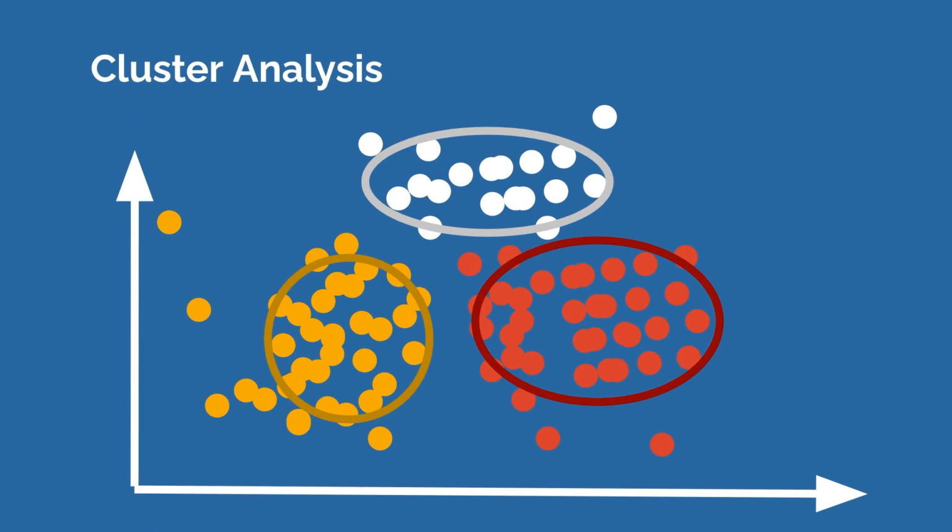Now, the second part of unsupervised learning is known as cluster analysis. This is related to principal component analysis, but it's slightly different. Here on the screen you can see a visualization of cluster analysis. This time we have the data points plotted, but they're also in different colors and circled.